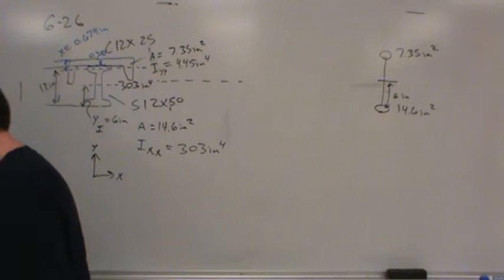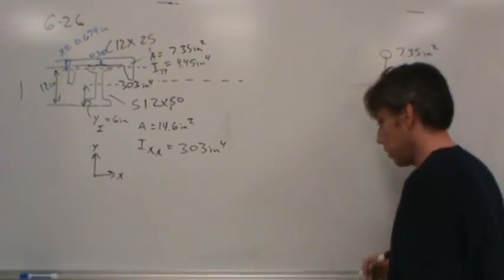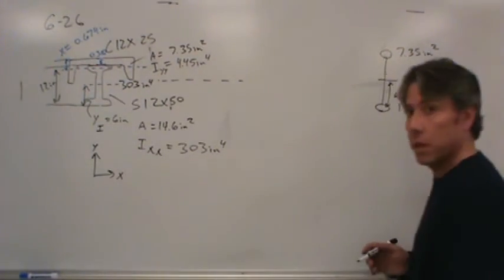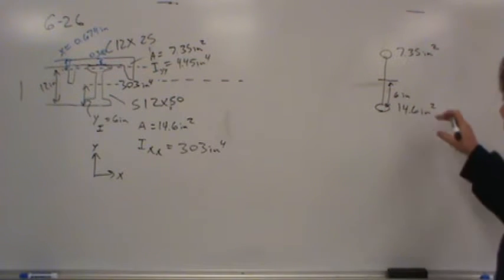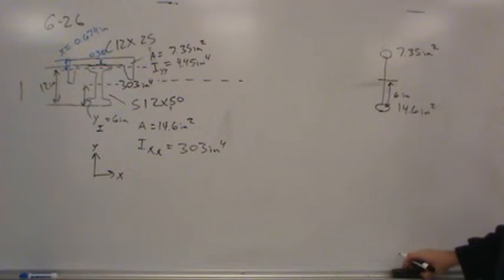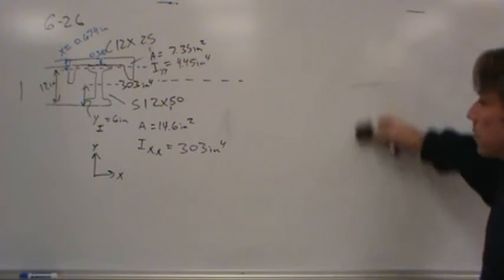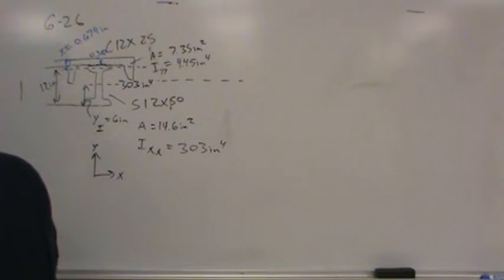Well, the spreadsheet does it for us, but we're basically doing the same thing the spreadsheet does. I think of this as a moment, basically the moment of this area, but that's just going to be confusing. Let's go the way the book does. So we want to find the centroid, right?